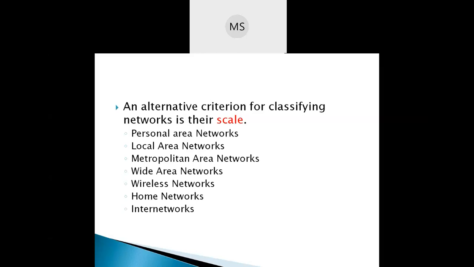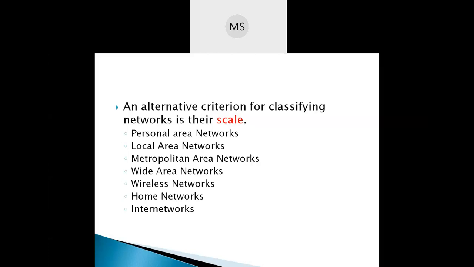Based on the scale or coverage area, networks are classified as personal area networks, local area networks, metropolitan area networks, wide area networks, wireless networks, home networks, and internetworks.